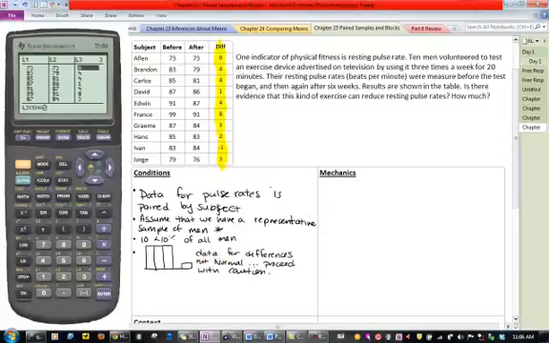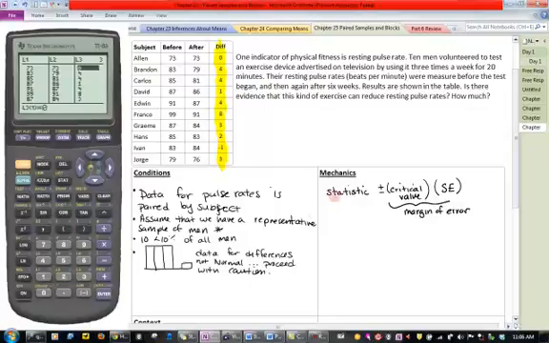In order to make a confidence interval, just like we usually do, we're going to take some statistic, and we are going to add and subtract a critical value, multiplied by some standard error. And altogether, that is called your margin of error.